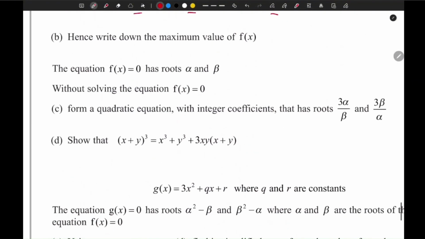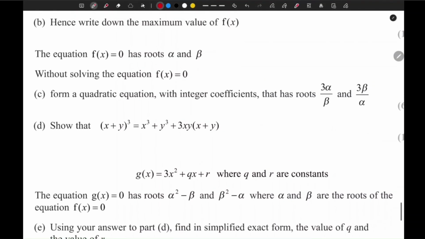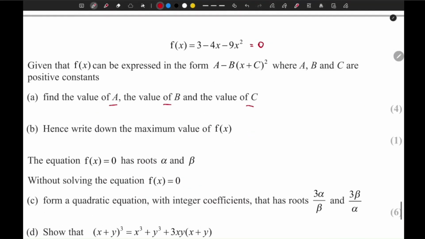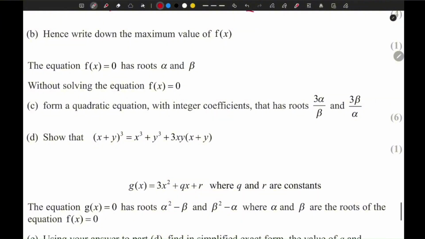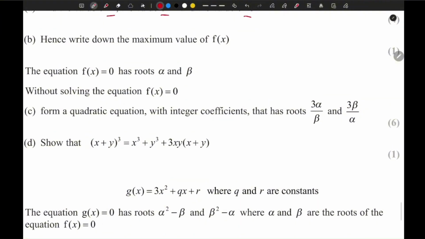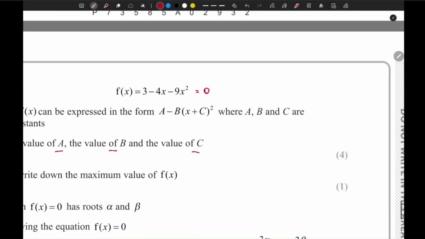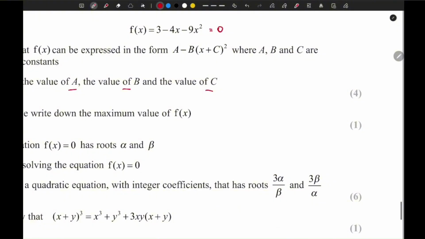Now moving on to part C. The equation f(x) equals 0 has roots alpha and beta. Without solving the equation, the very first thing we need to do when encountering this type of sum is to find the sum of roots, which is alpha plus beta.